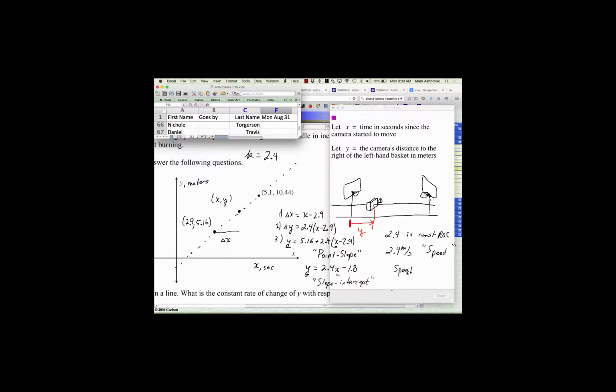Distance over time, right? So is this a corresponding time and distance here, 2.9, 5.16? So find distance over time. And is this a corresponding time and distance? So find distance over time for this, find the value. Find distance over time for that, find the value.